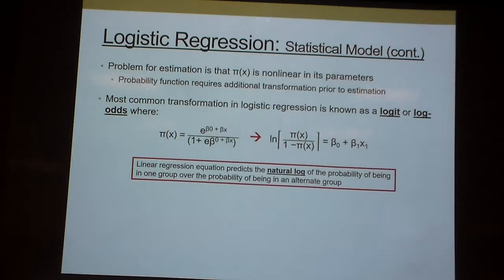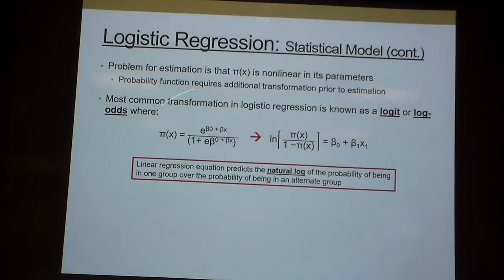And there are a lot of different link functions, like different types of probits and things like that. Depending on what type of data you're looking at, you may use a different link function. But the most common function that we see is the regression of a logit or a log odds.